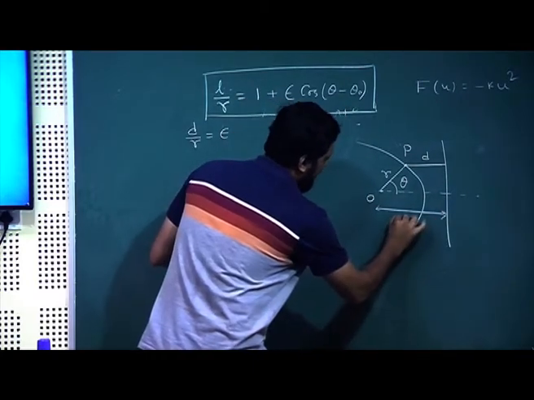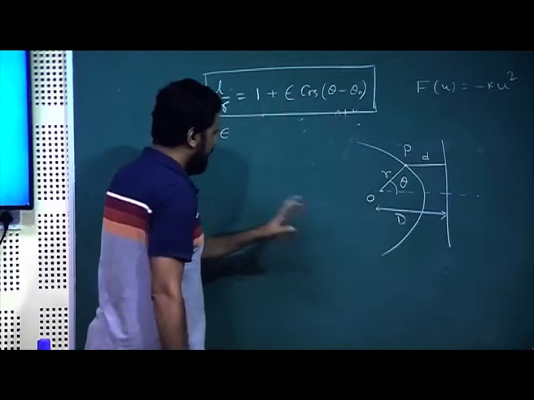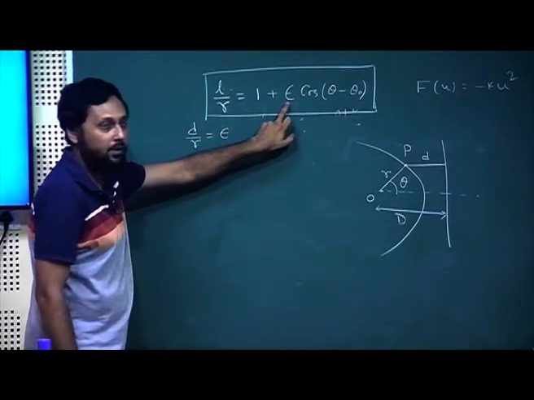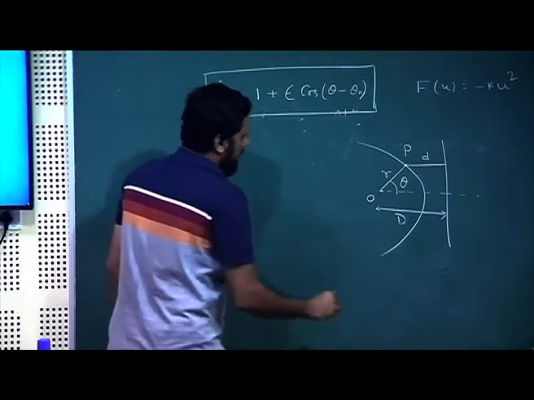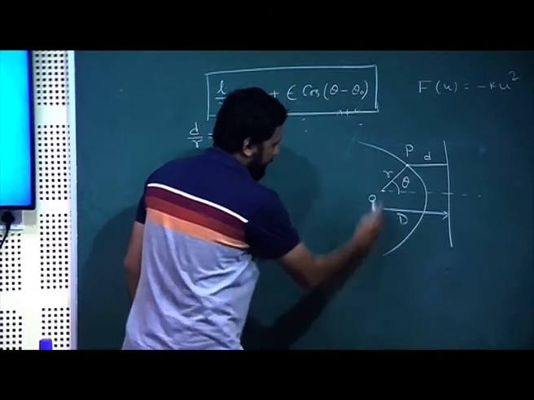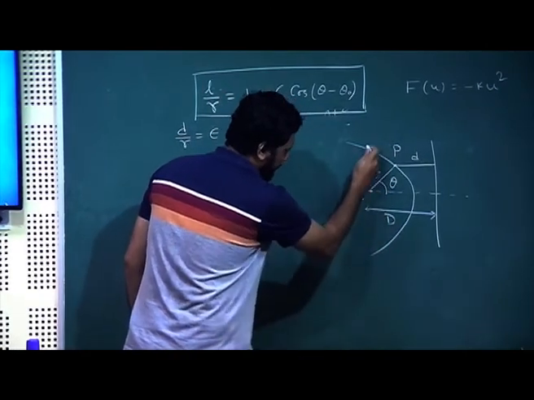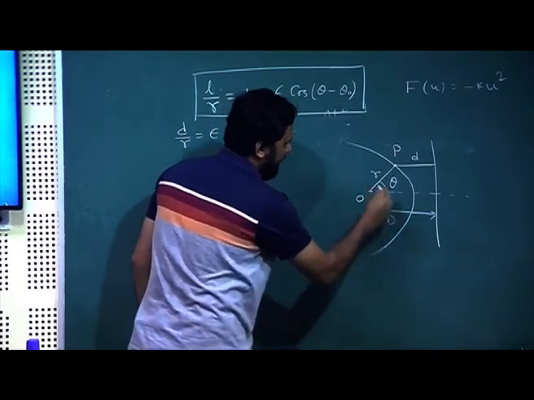Let us call this distance d. So, we get a definition for epsilon. Now, we need a definition for L. Let us draw a straight line which goes through the focus and remains parallel to the directrix.